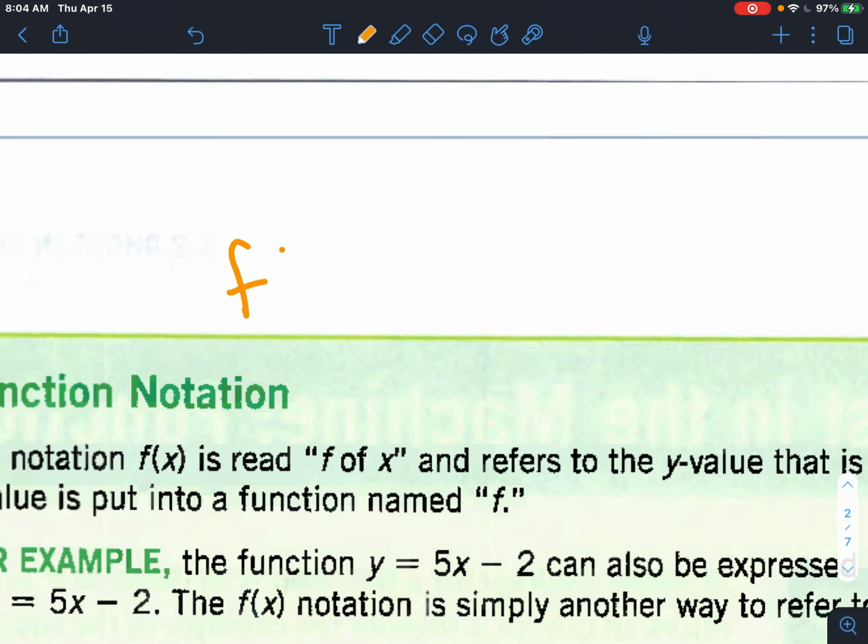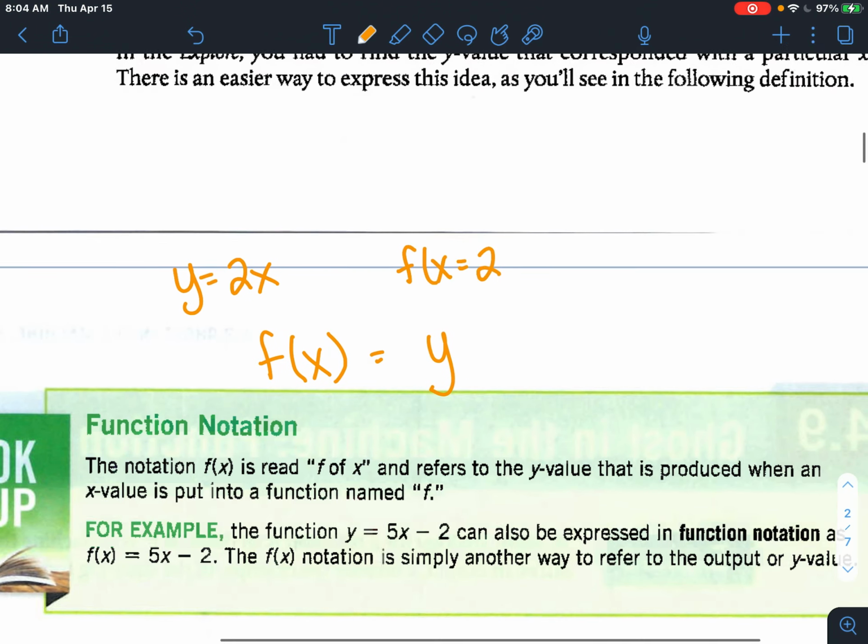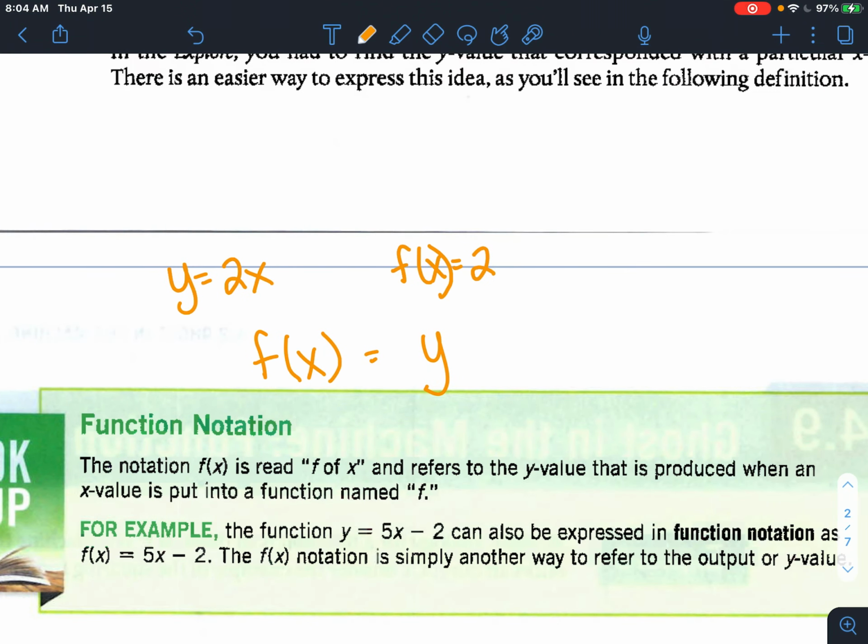So basically, f of x is the same thing as y. The only difference between y equals 2x and f of x equals 2x is that this has a name.